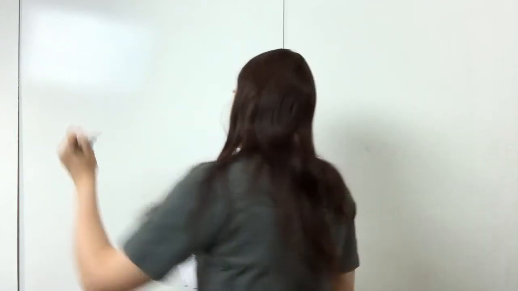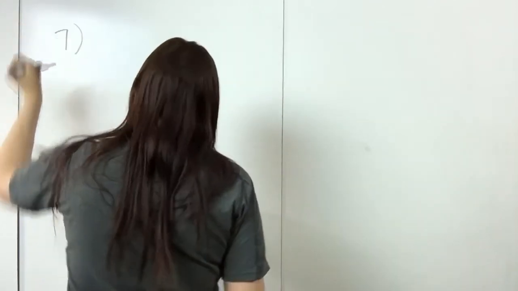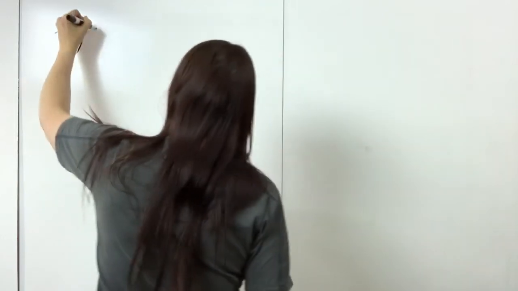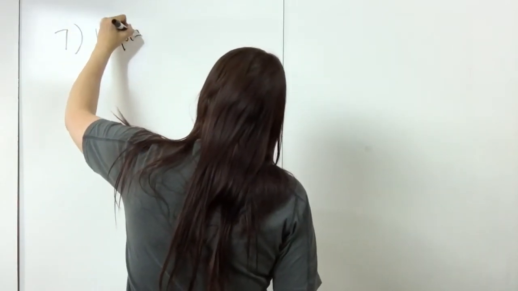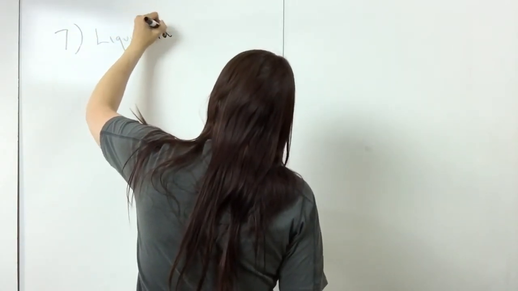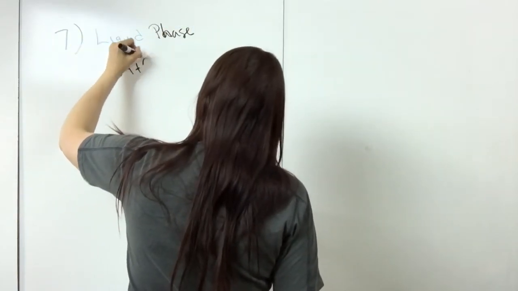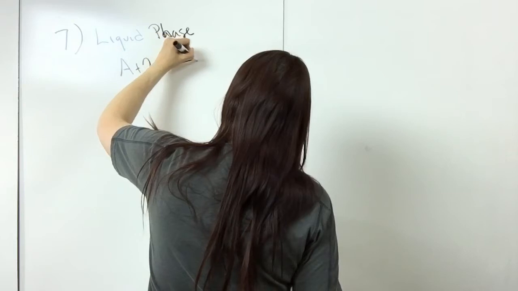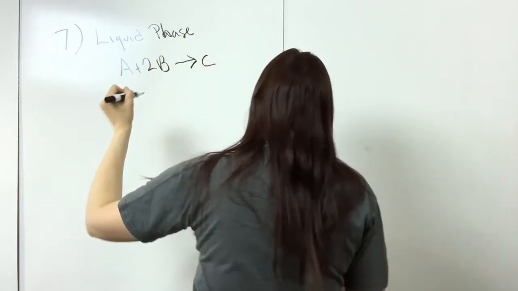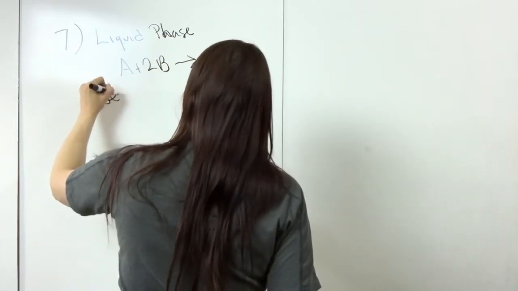For number 7, it says you have a liquid phase reaction, and that it's A plus 2B to C. It's a semi-batch reactor.